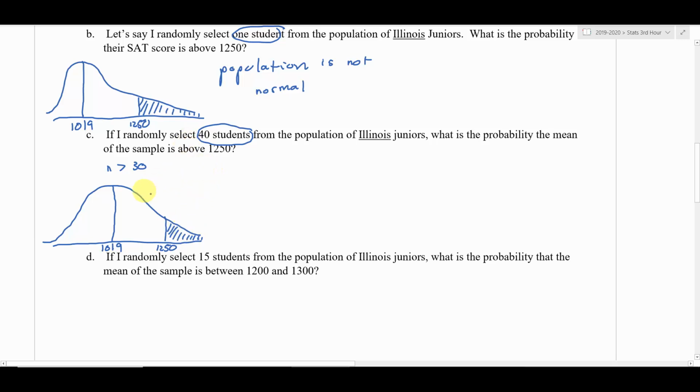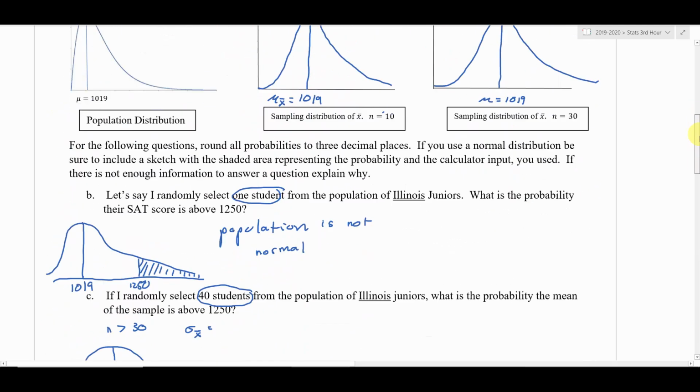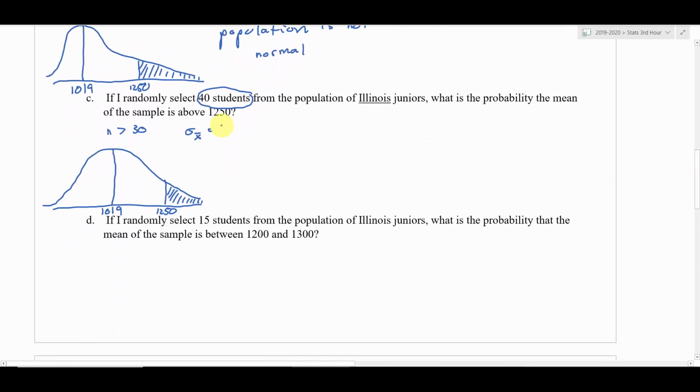Okay. Don't forget that you need to calculate your new standard deviation for this, right? So we have to take our original standard deviation, which I forgot. So let me go up here and look at that. It was 202, right? So I've got to take 202 and divide it by the square root of 40 first, because that would be the standard deviation of this distribution, not this one. Okay?